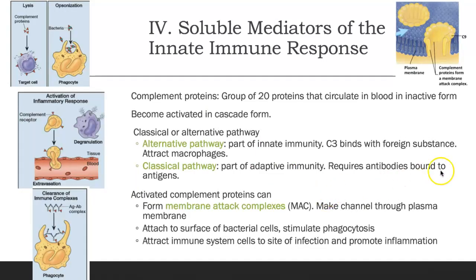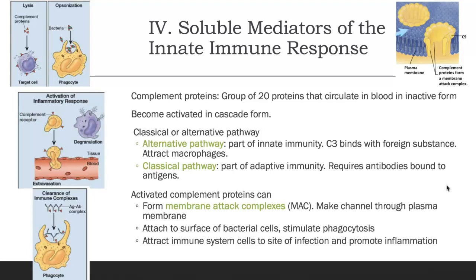Here's our complement system that I've been mentioning here and there. So our complement proteins are made up of 20 different proteins, and these proteins are named C1, C2, C3, I believe based on how they were discovered, and they tend to circulate within our blood in an inactive form.